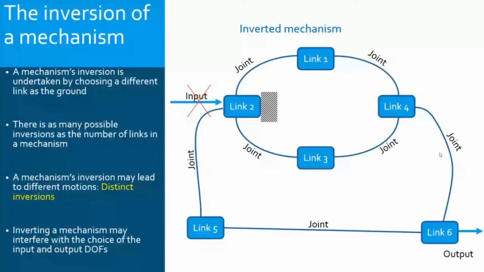Later we're going to have some examples, and I'm going to insist each time on the impact of the inversion on the mechanism itself, and the impact of the inversion on the input and output degrees of freedom.